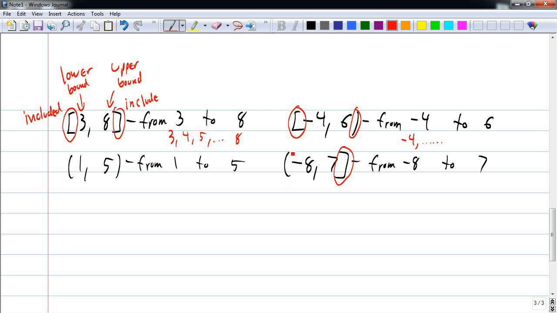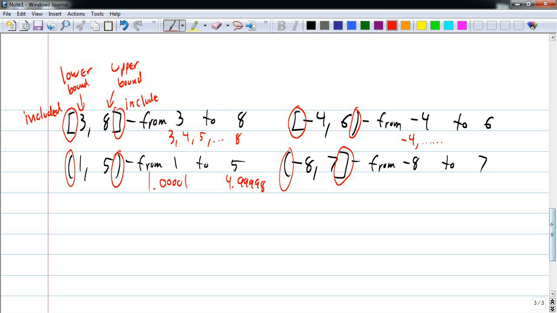This contains not -8, but it contains the numbers that are right after it, and then everything else up to 7 and including 7. This interval contains neither the 1 or the 5. However, it contains everything in between. So 1.00001 and 4.99998, those are included, yet the 1 and the 5 are not.